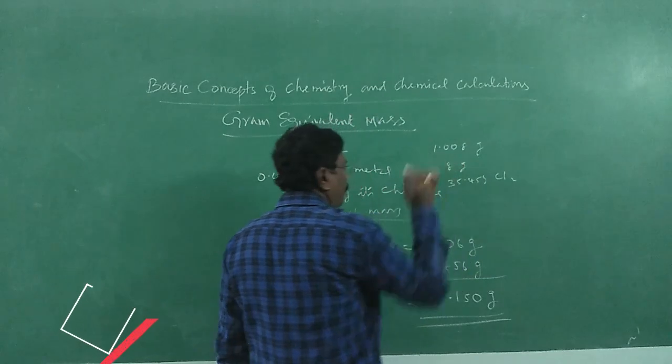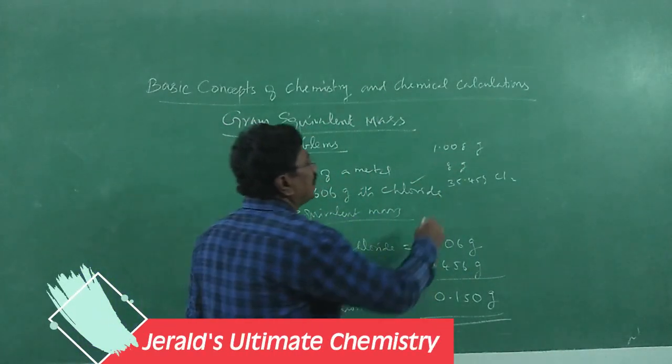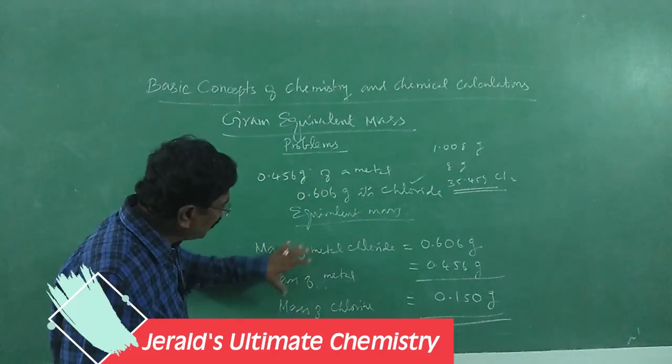Here it is chlorine, and therefore the mass of the metal that combines with 35.45 gram of chlorine is said to be the equal mass.